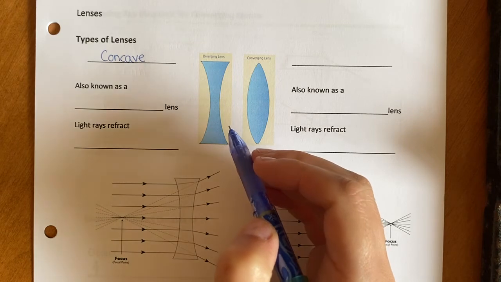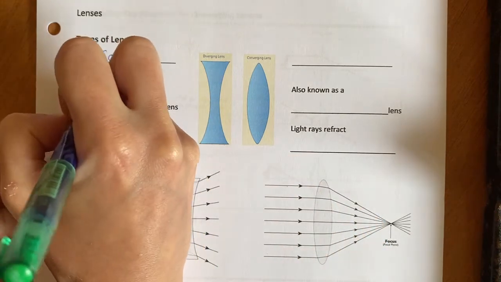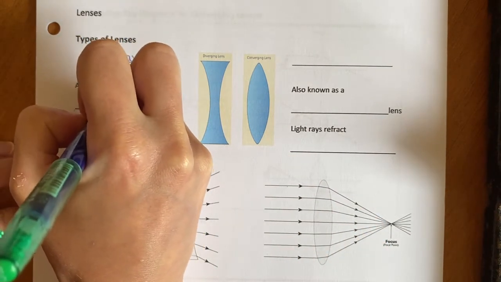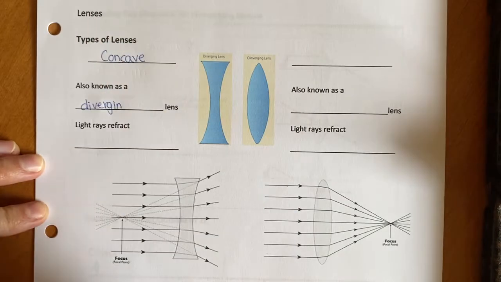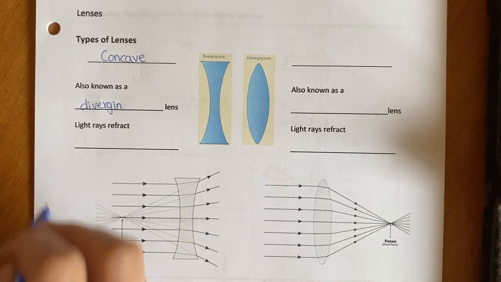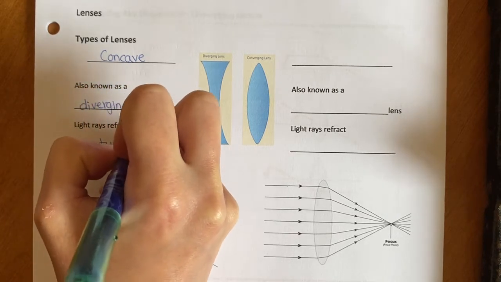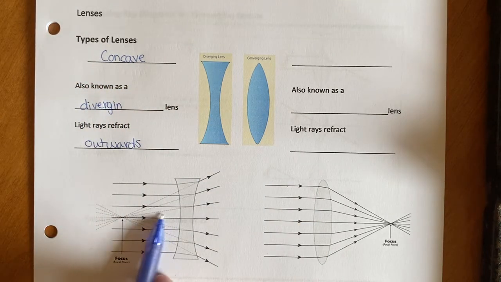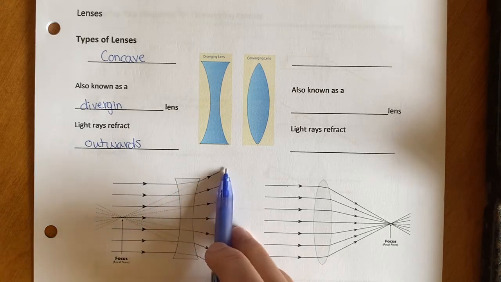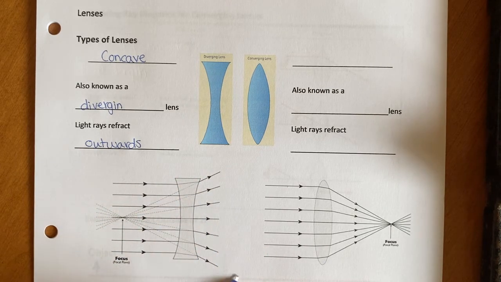They're also called diverging lenses, because the light is refracted outwards. All the light comes in and is redirected out, spreading the light out.